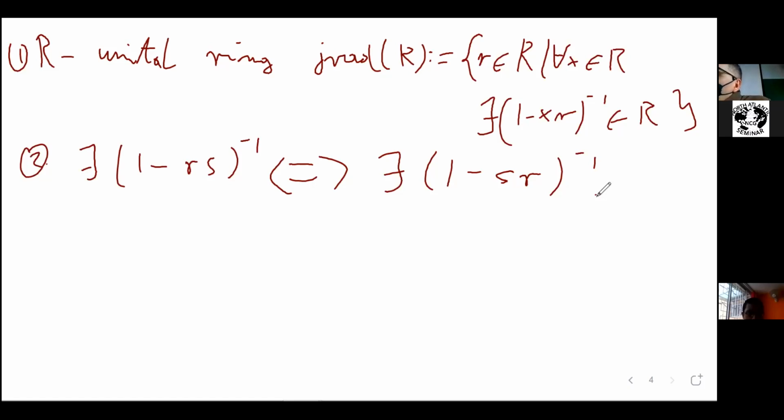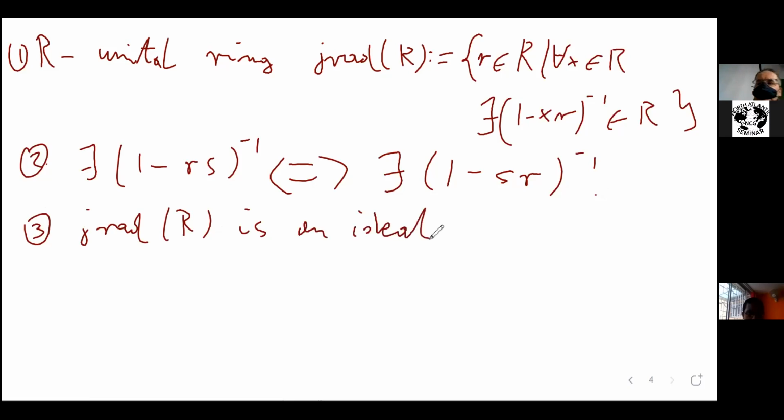But now with the help of this fact, one can prove that indeed the Jacobson radical is a two-sided ideal. Again, this is for the recitation class. Okay.